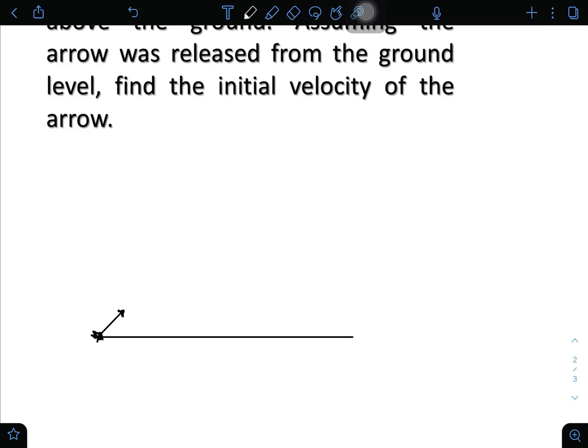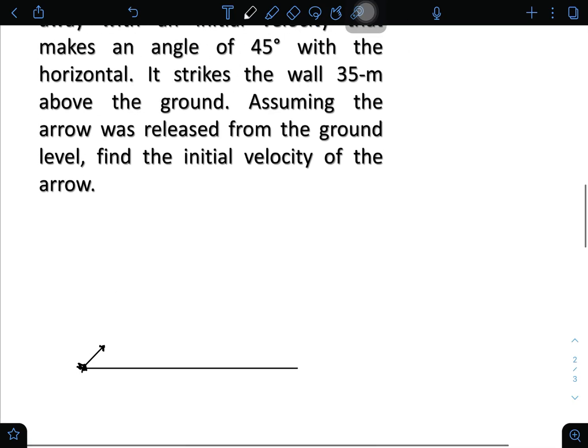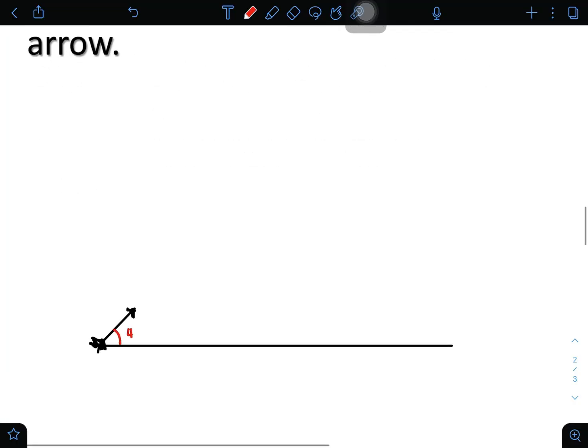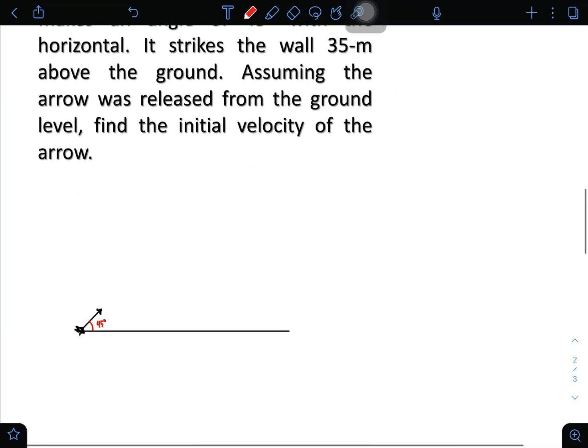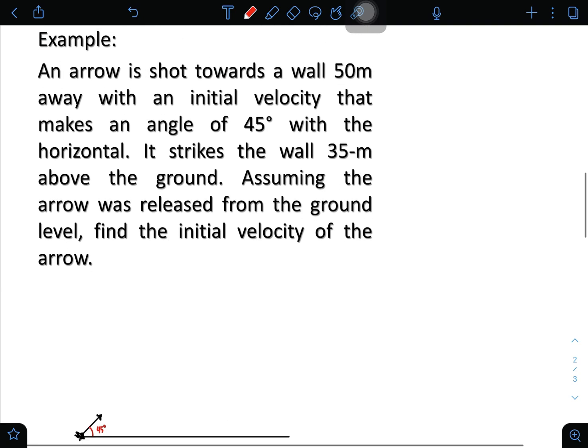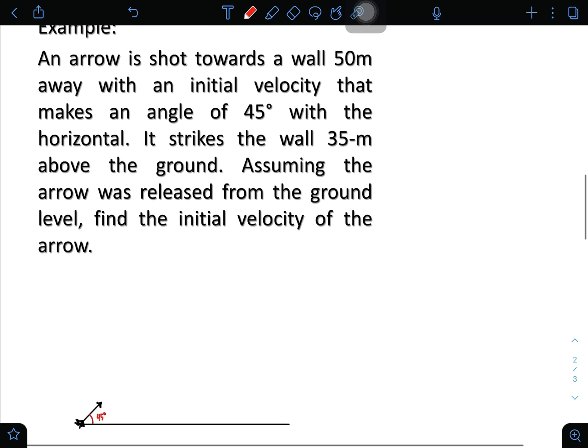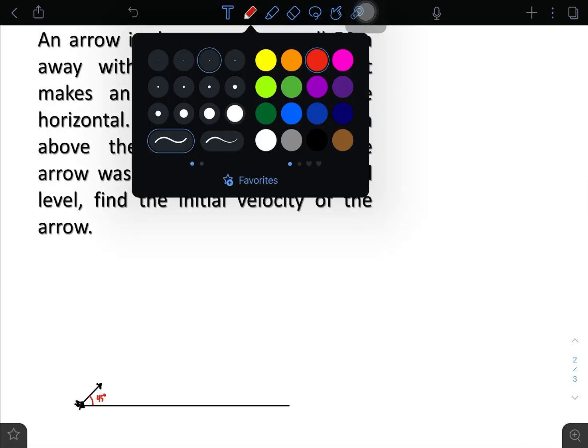So that's the arrow from the ground, and according to the problem, it makes an angle of 45 degrees with respect to the horizontal, and the arrow is shot towards a wall 50 meters away. So 50 meters away.